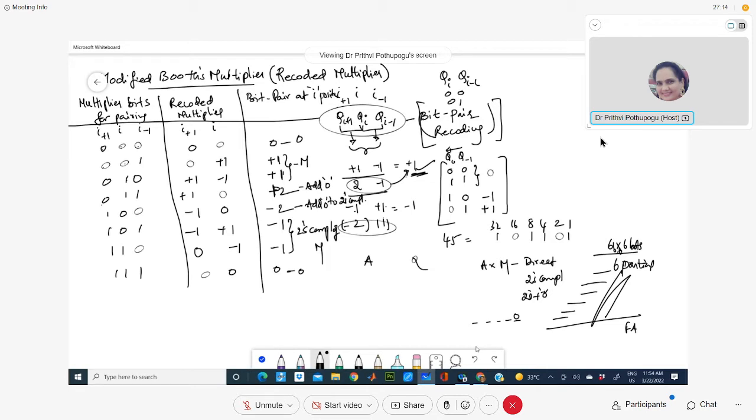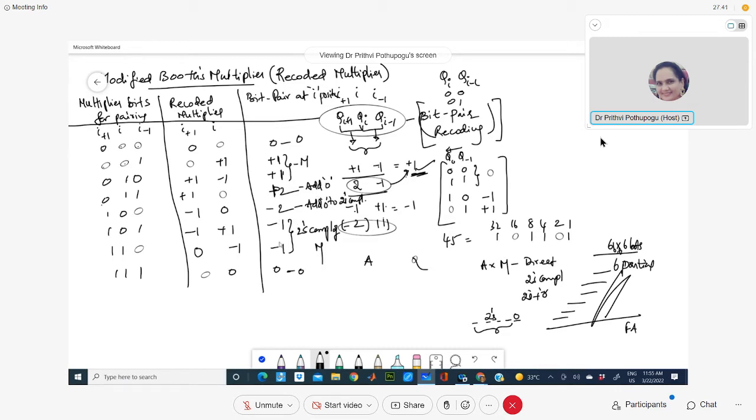For this, the magnitude will be added, like this magnitude is the 2's complement. If it is minus 2, append 0 for the 2's complement value. If it is plus 2, just add 0 to the direct magnitude.